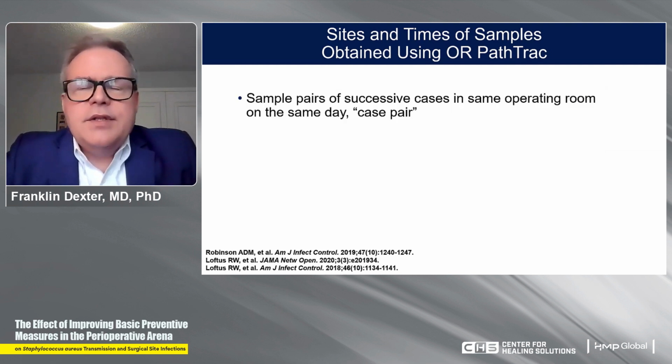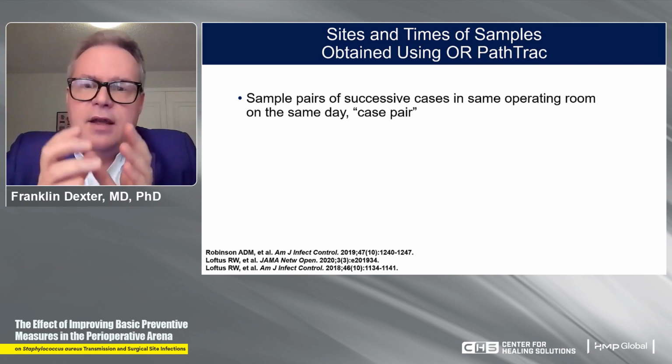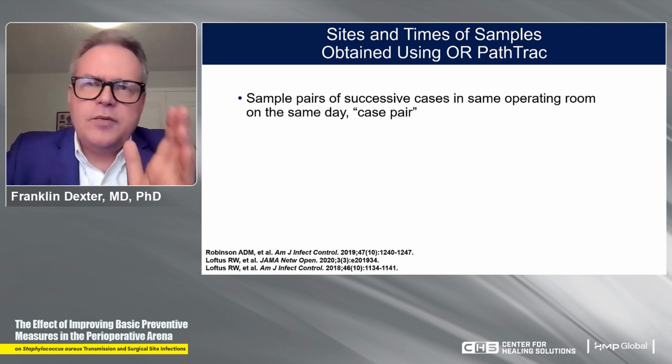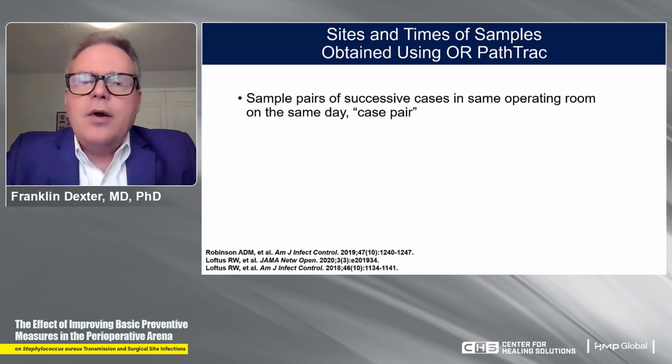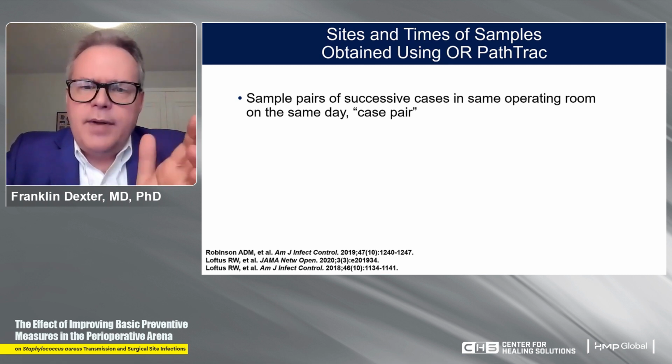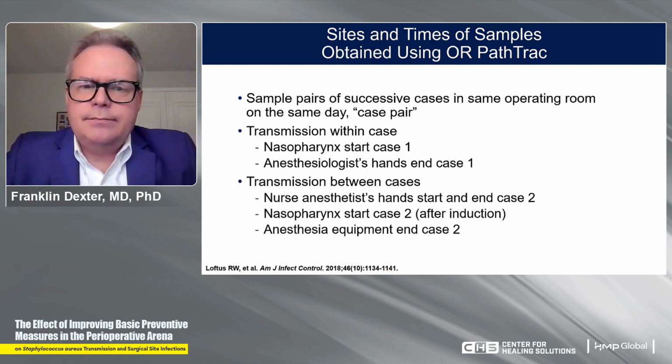You sample pairs of successive cases, same operating room on the same day. So there can be transmission within the case, Staph aureus from one location to another. There also can be transmission between cases, from one patient to the next patient. So here's an example. Patient's nasopharynx at the start of the case. Then the anesthesiologist had the Staph aureus on their hands.